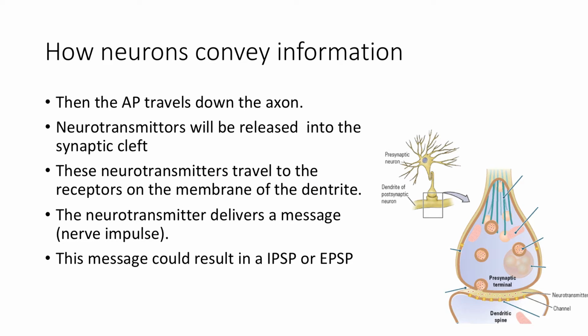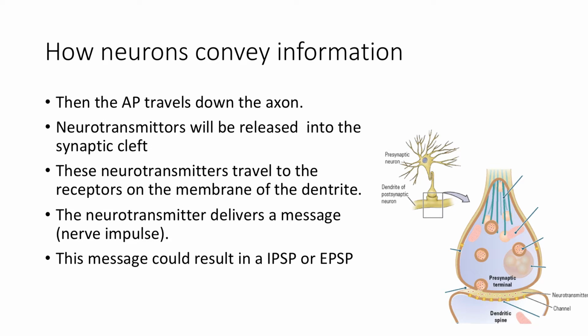Okay, so when an action potential goes down the axon and reaches the end, the axon terminal, the vesicles that contain these neurotransmitters will fuse with the presynaptic membrane, as I just said, and the neurotransmitters will be released into the synaptic cleft.